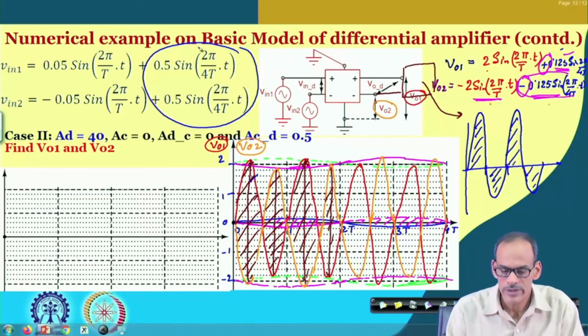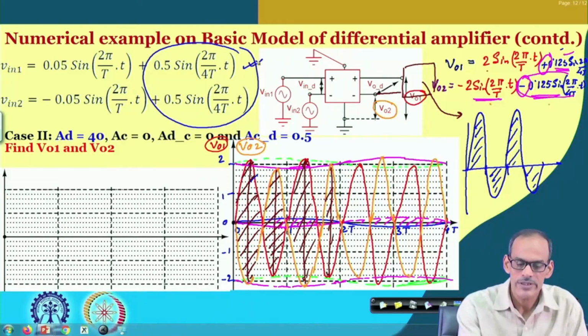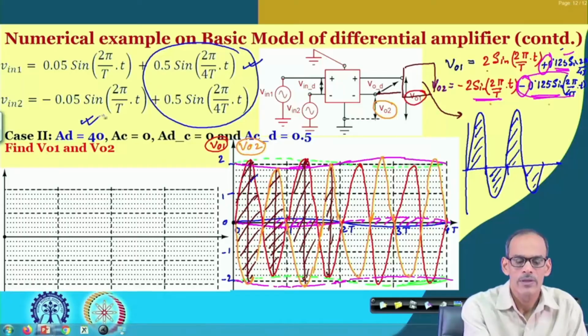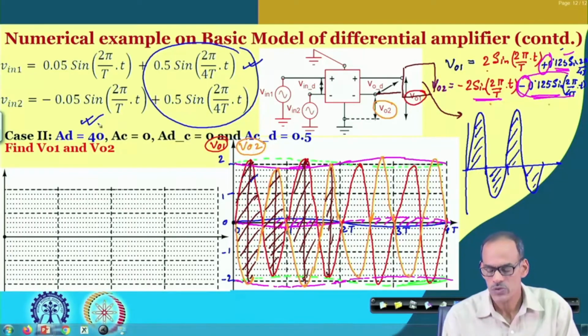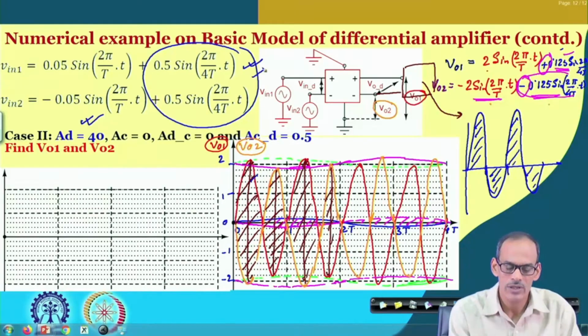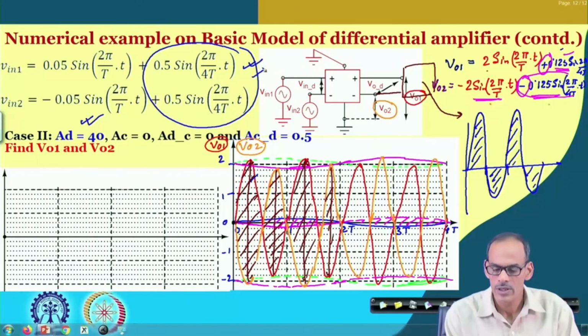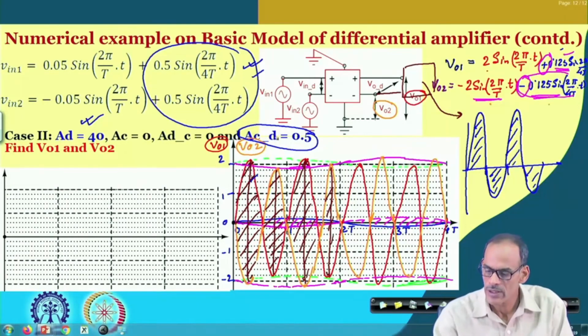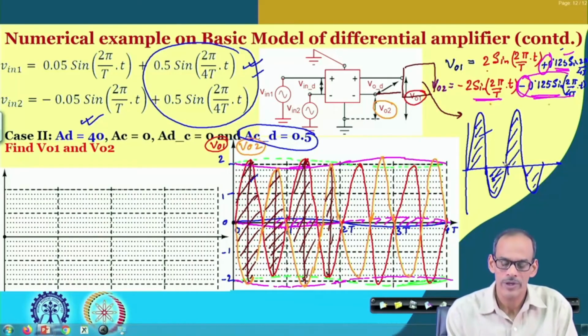Incidentally, this unwanted signal has a frequency which is 1/4 of the desired signal, and that is why it looks like some harmonic distortion. But in general, if the unwanted signal is not really harmonic, then you can see a lot of consequences. And if this ACD is higher and higher, the distortion we can see here will be more and more prominent.